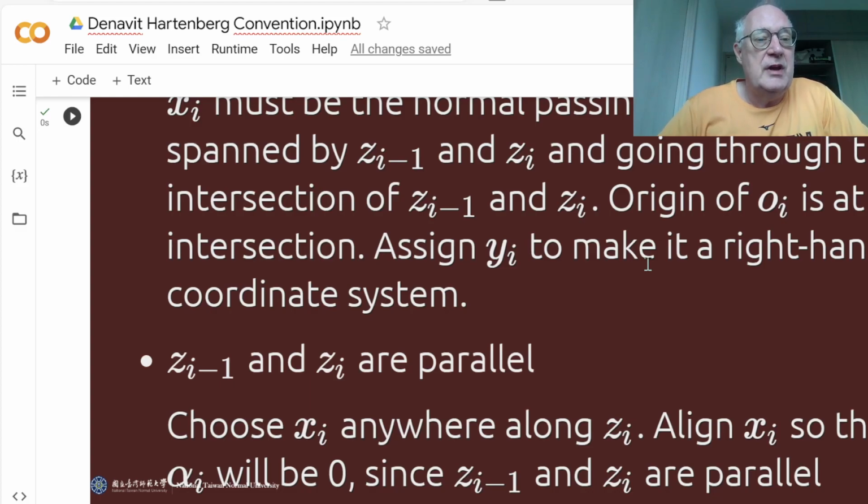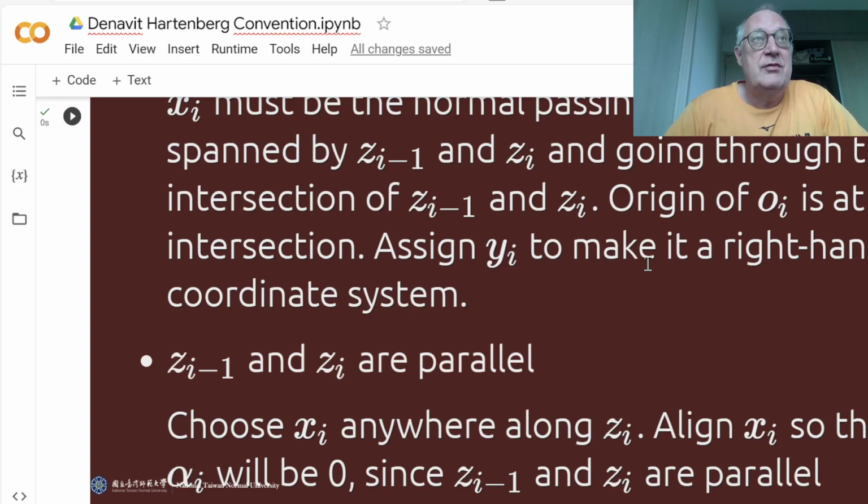So I can choose xi anywhere along zi, and the common convention is to change it so that xi is aligned with the coordinate system oi minus 1.